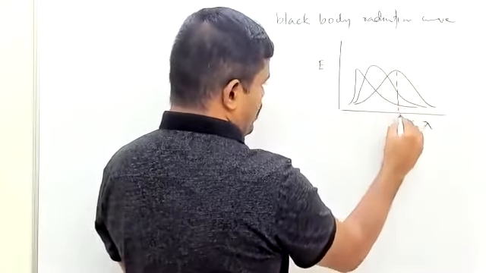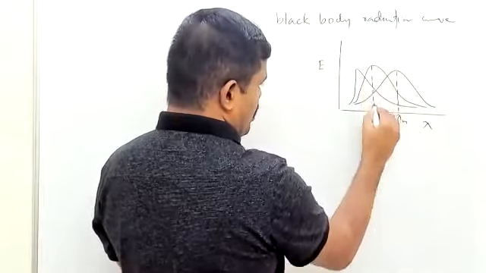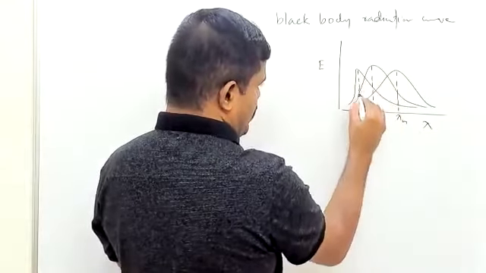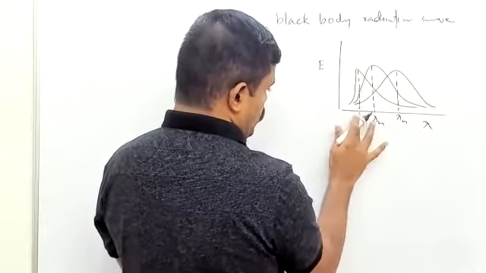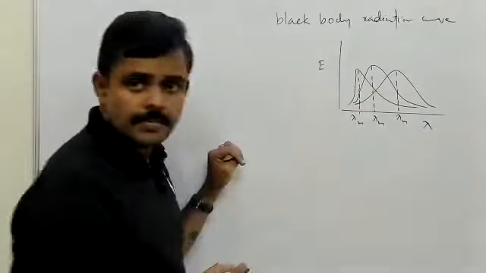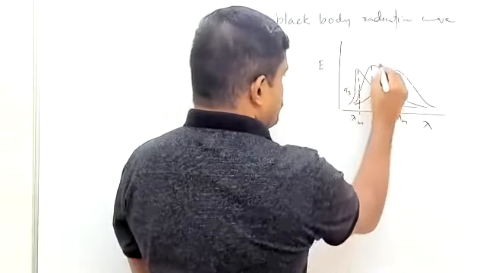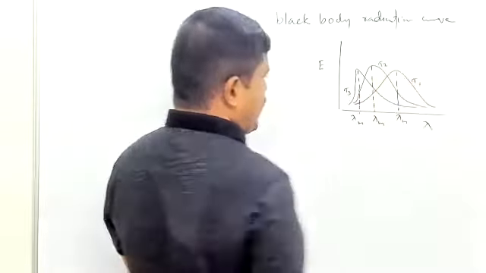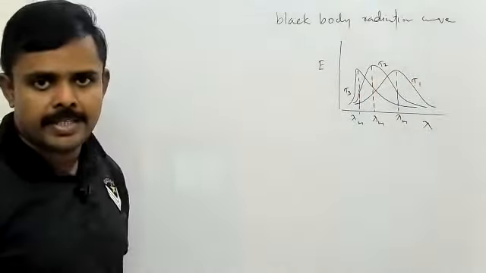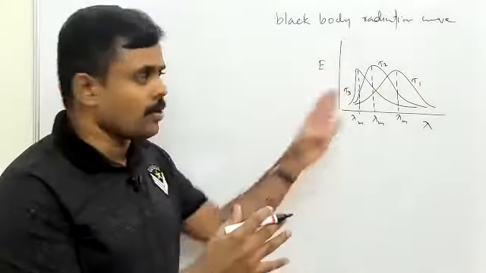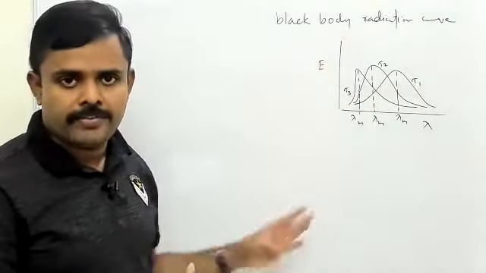Lambda maximum is here for this one, here for this one, and here for this one. I say that this temperature is T3, this is T2, this is T1. I have drawn it for 3 different temperatures. One black body is kept, and I have drawn 3 different graphs for 3 different temperatures.